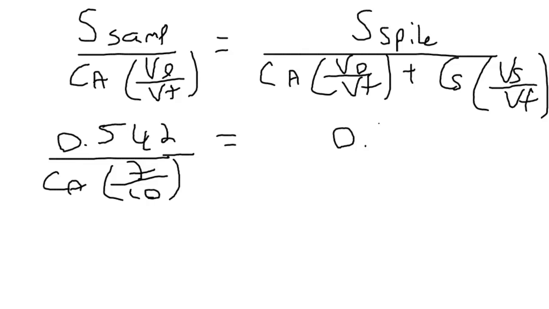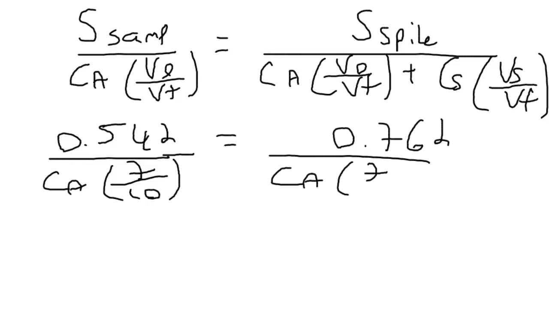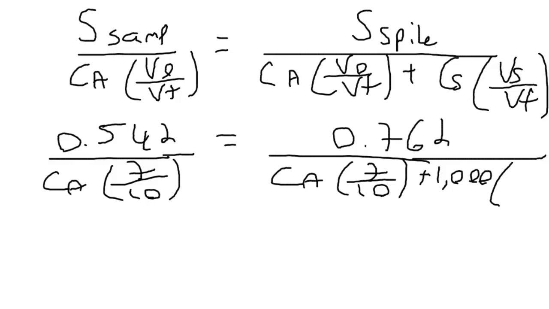Signal for the spike was 0.762. Ca over 7 multiplied by 7 over 10, and this is 1,000 milligrams per liter, so this will give us an answer in milligrams per liter, 0.01 over 10.